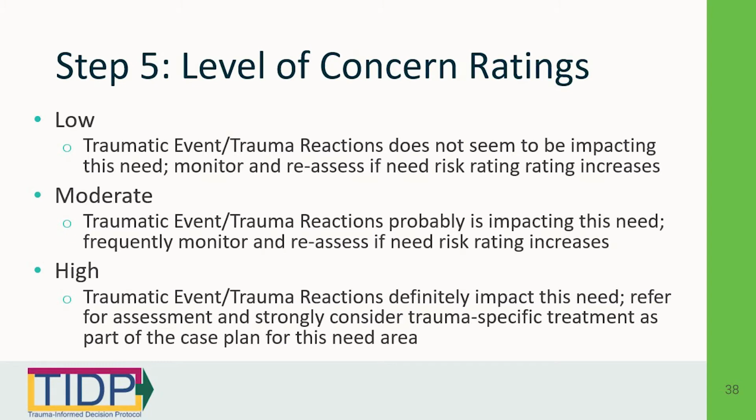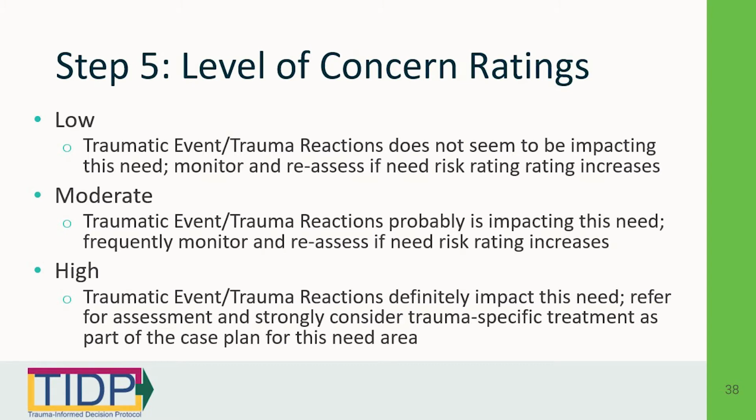What might a moderate mean? A moderate is when you'd have a traumatic event endorsed as yes or a trauma reaction as yes, where you've got some concern, where you probably are seeing that this trauma reaction is having some impact on a particular criminogenic need. So it's definitely indicating that you've got some suspicion, some level of concern about a possible connection here.